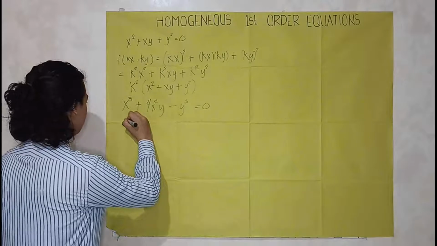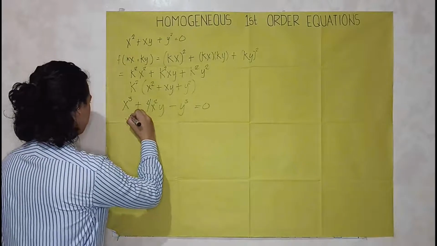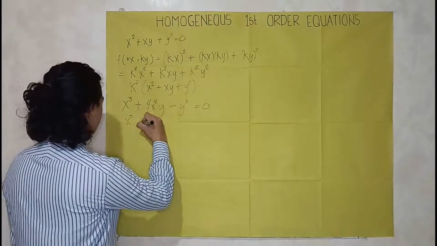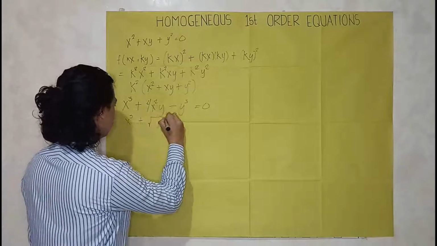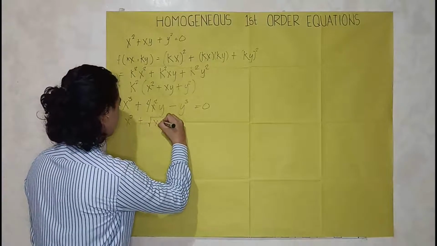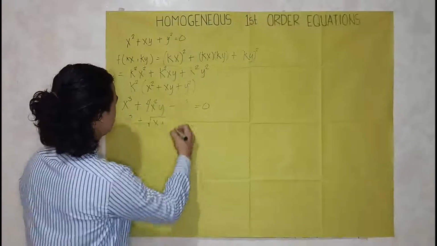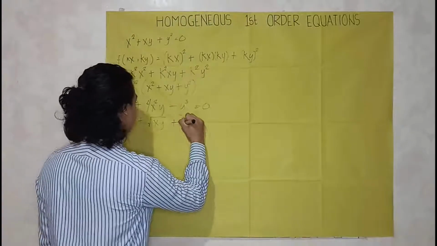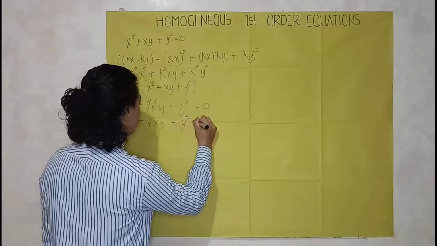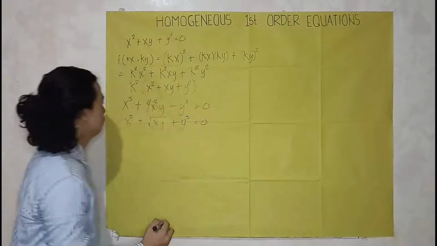Next example is x cubed plus square root of xy plus y cubed equals to 0.